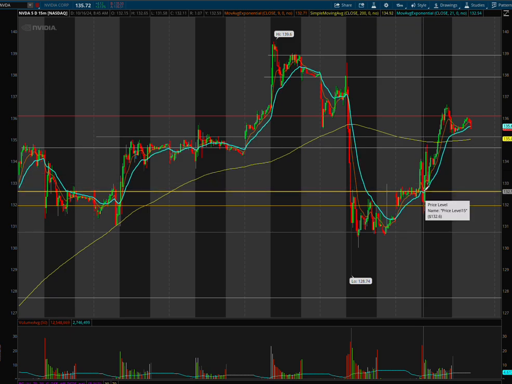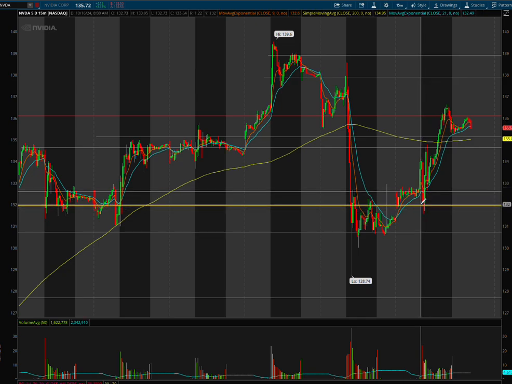If it doesn't hold this support, then I'll look for another support area or look for a short. There's no real room here to go short in between these levels. A possible short would have been here, but then again back to a major support area, just $1 below, $1.50 below or so. So not much room to make that much money.